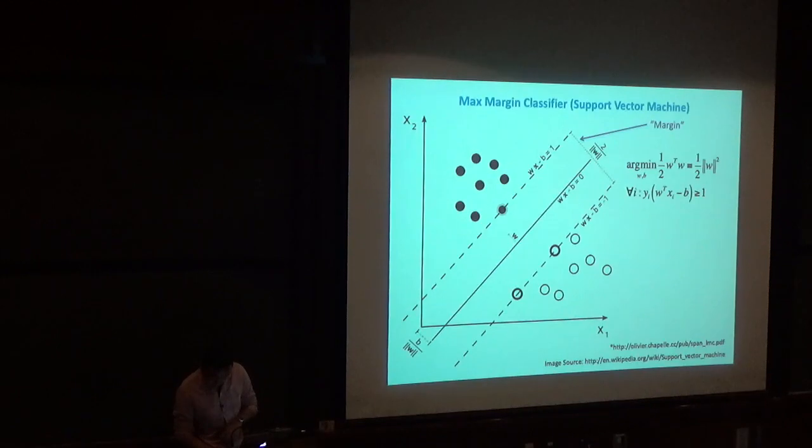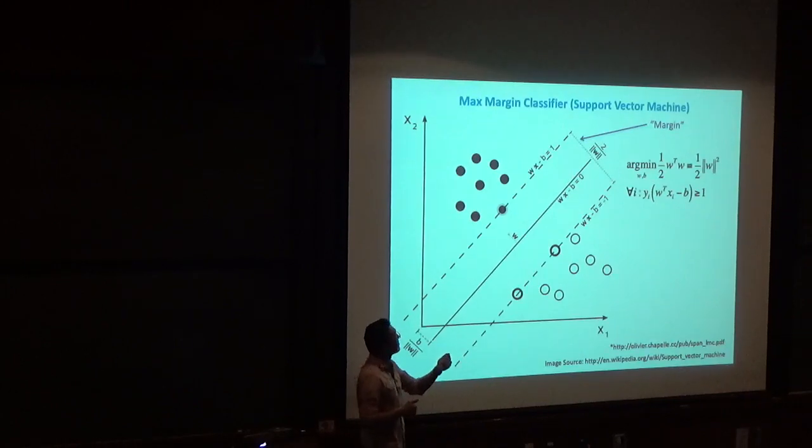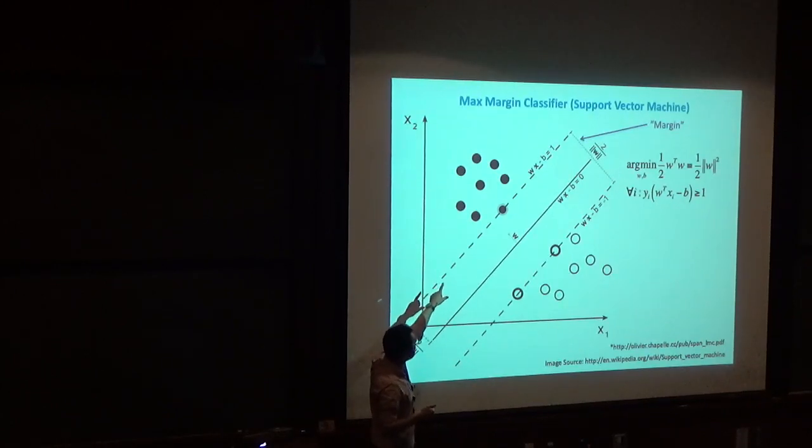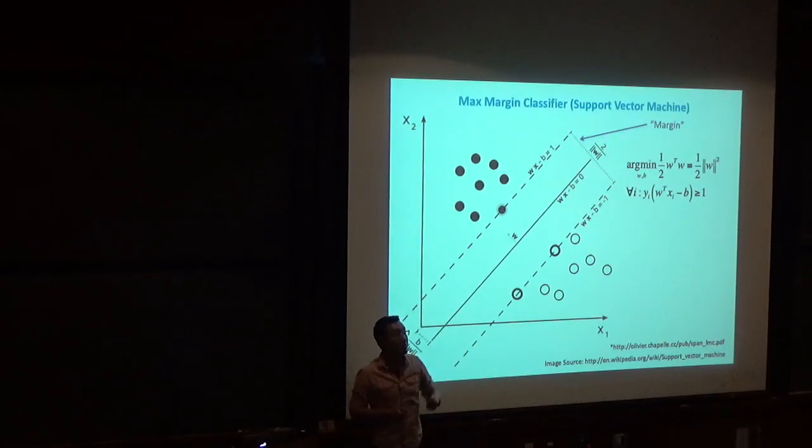Which means that the actual margin is W transpose X minus B divided by the norm of W. So it gives you the equivalent class of solutions.